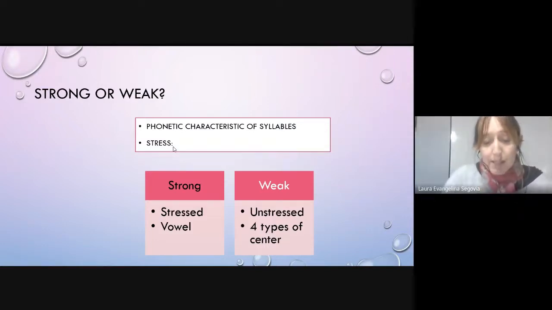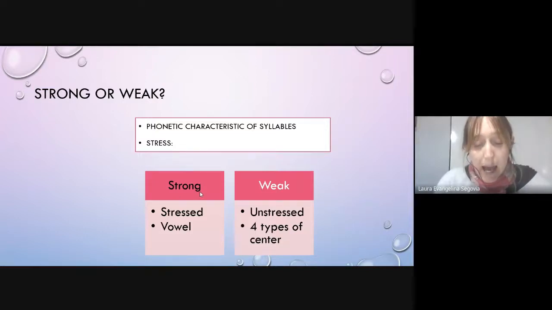So we can say that stress is related to this idea, saying that strong syllables are always stressed, and weak syllables are always unstressed. Strong syllables are always stressed, so they are important, and weak syllables are always unstressed. They are not important.